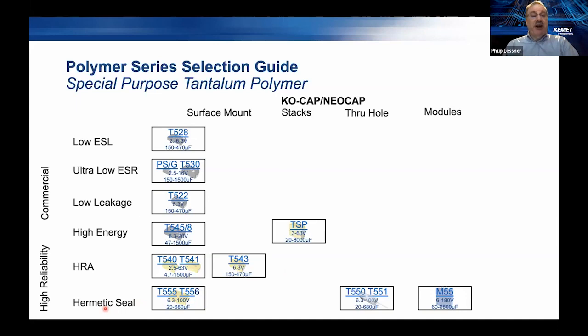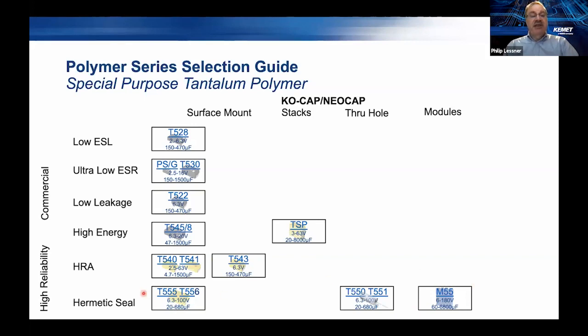And then we also offer tantalum polymer capacitors in a hermetic seal package, which also have guaranteed reliability ratings, both in an axial leaded configuration, in a surface mount configuration, and also as modules, which can have very high cap and very high voltage.